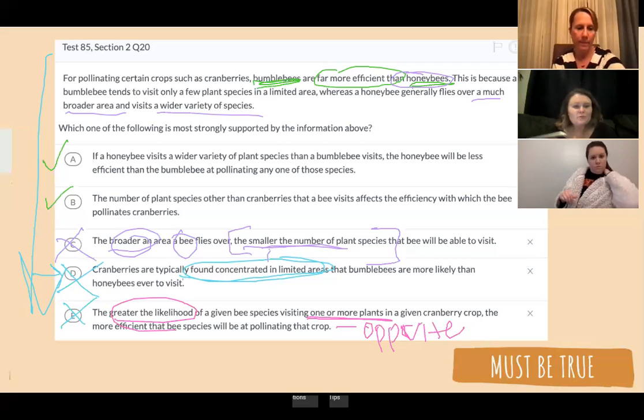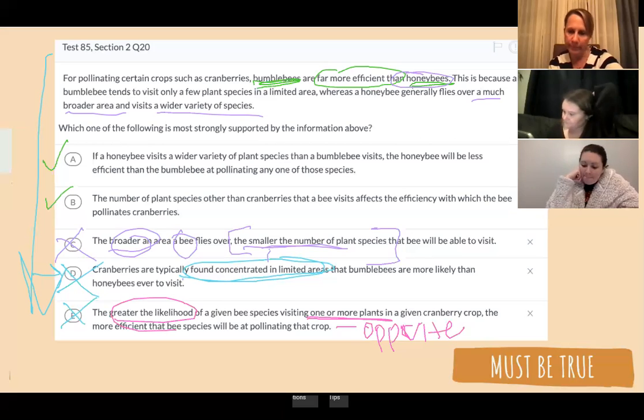All right, so now we're down to our two most debated answers. I want you to go ahead and read over these two and affirm your answer or change it.